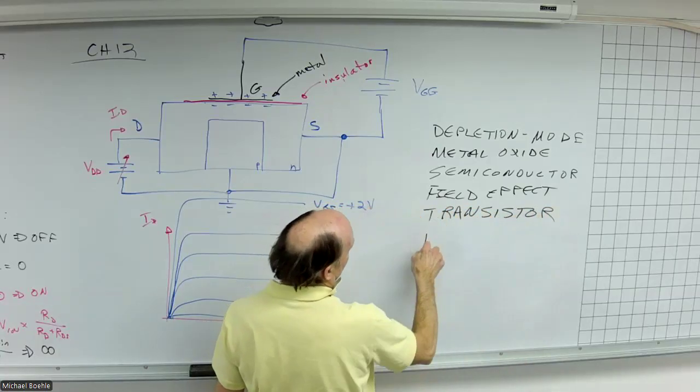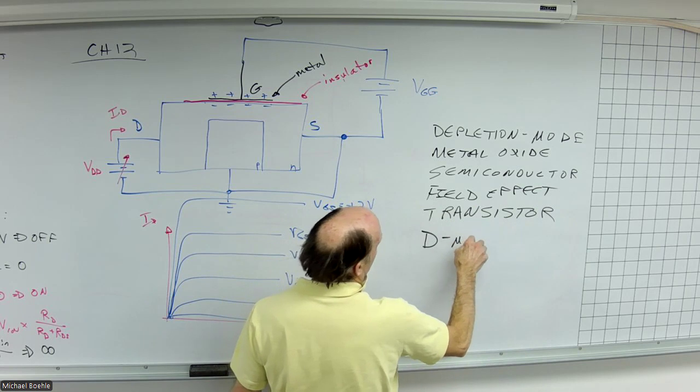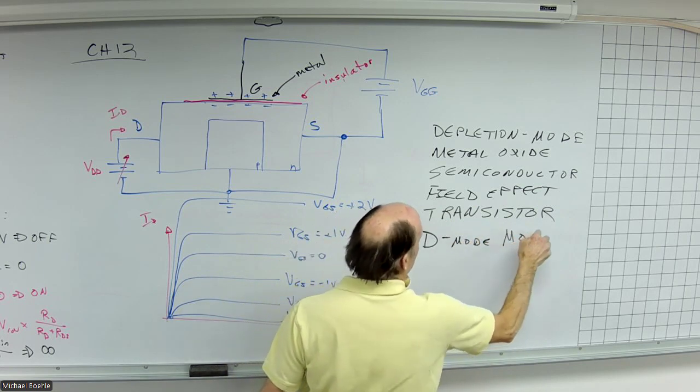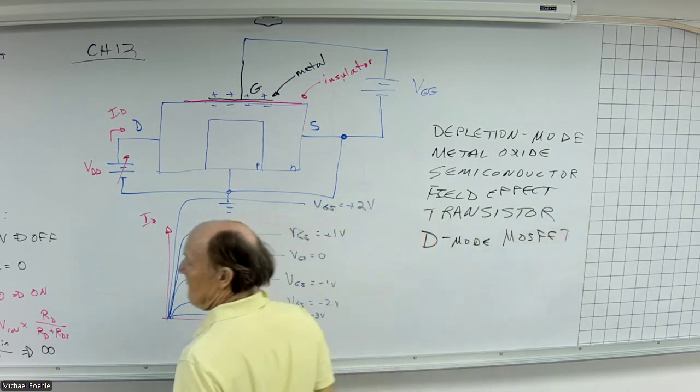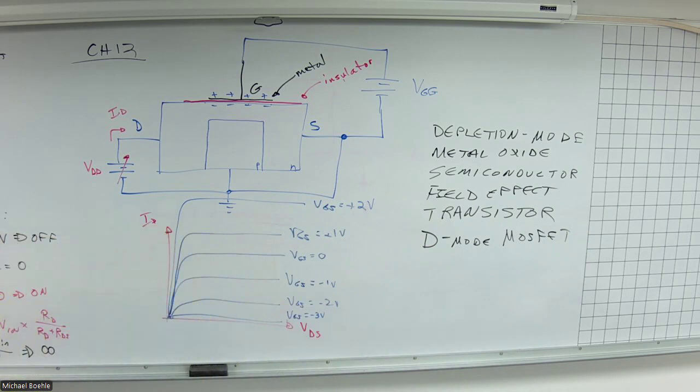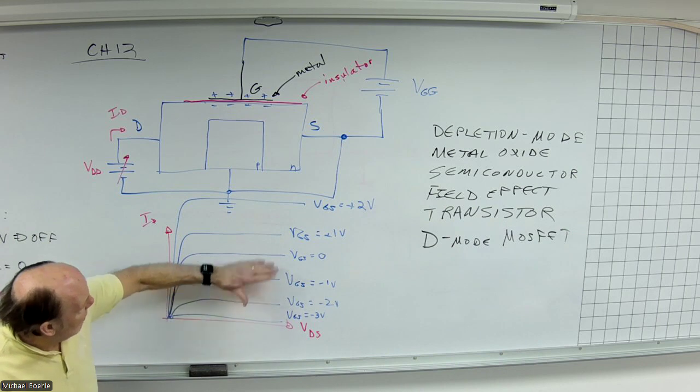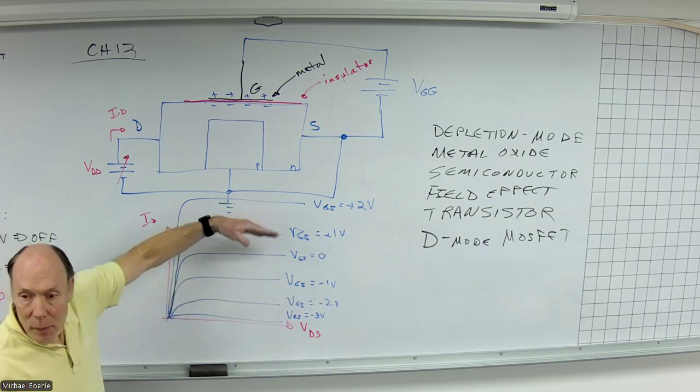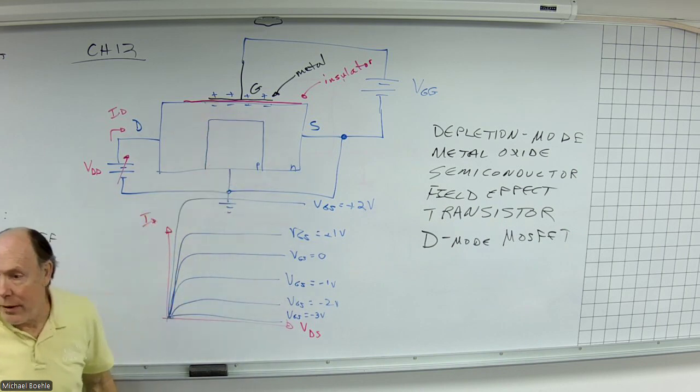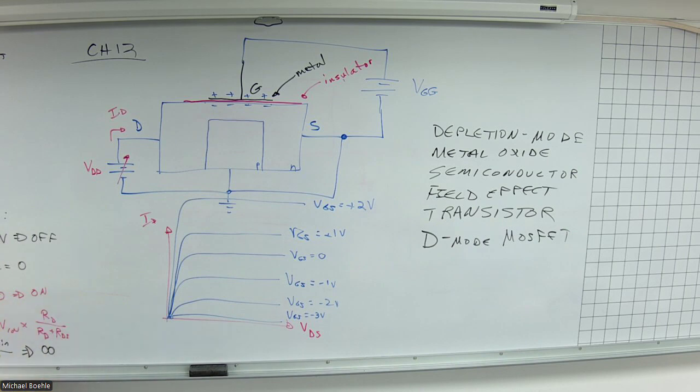Or in short, a D mode MOSFET. Make sense to everyone? Down here, depletion mode. Up here, enhancement mode. I'm adding to the conductivity of that channel.